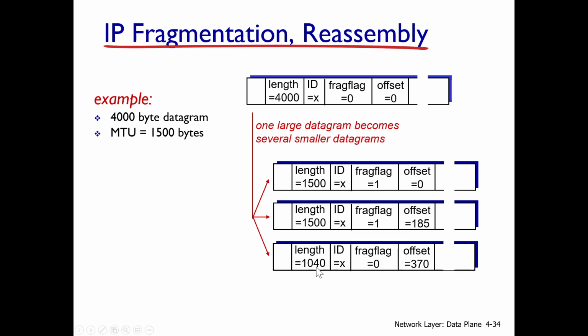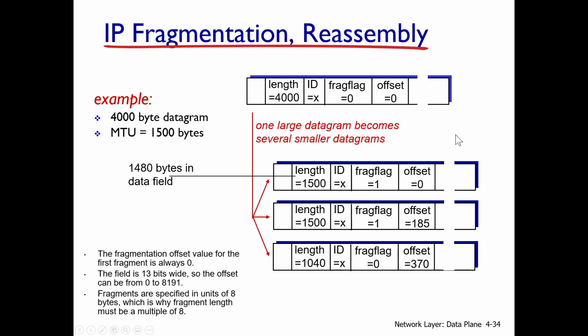This one, 1,020, and so on. So that's the main idea. You can easily see that we are sending 4,040 bytes basically. Okay, this one shows a 1,480 byte data field.